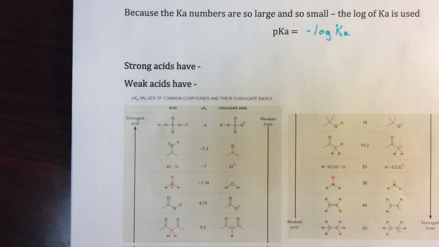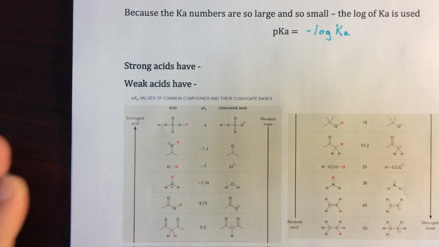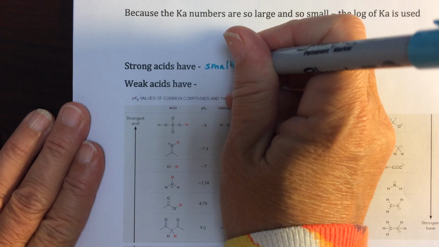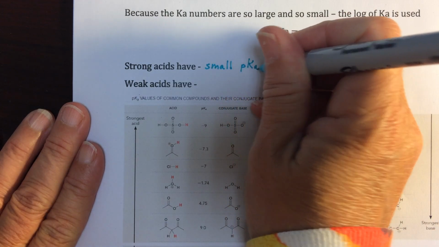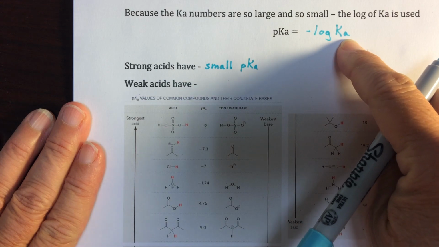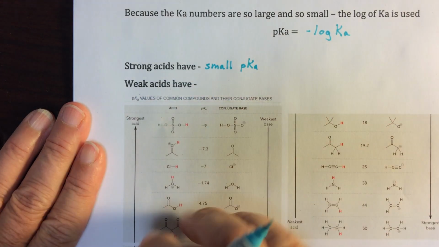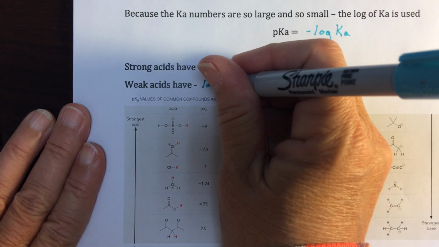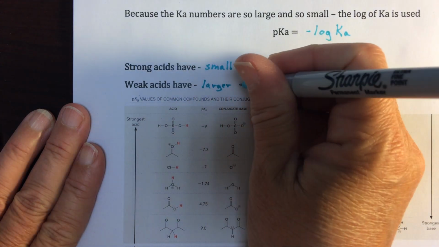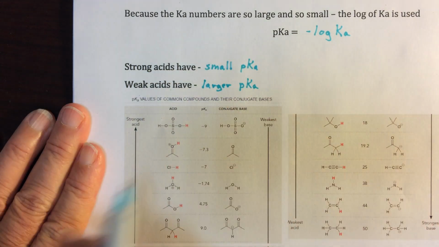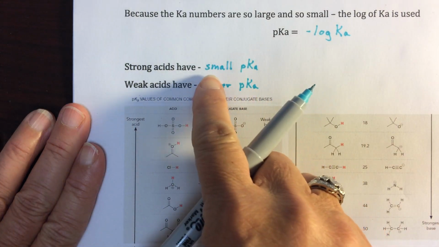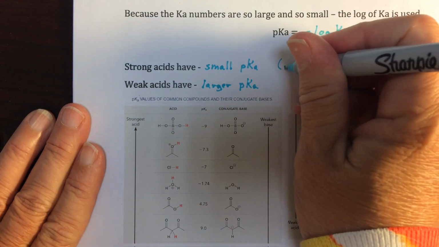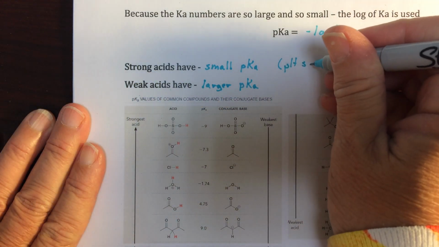And we would expect, therefore, that strong acids are going to have a small pKa, because they have a large Ka, and the negative log of it would make it a small pKa. And that weak acids will have a larger pKa. So you can remember that strong acids have a small pKa because with pH, the small numbers are more acidic.